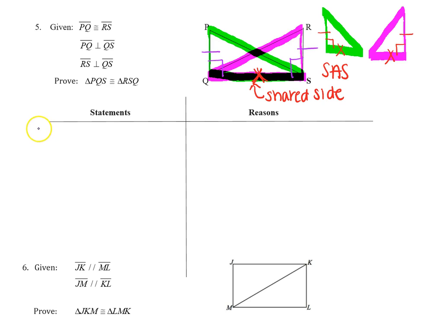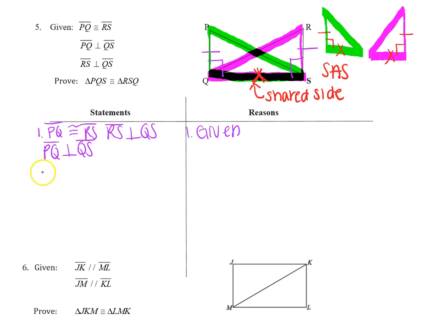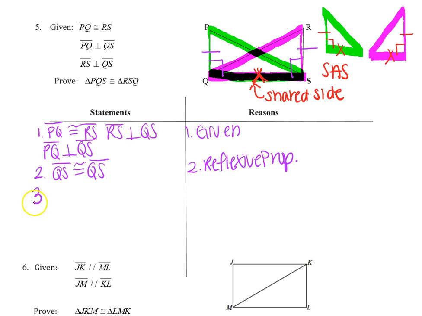Okay, so let's start with our givens. Okay, let's actually talk about that shared side right away. That was QS. And that's by reflexive property. Okay, I'm going to talk about these angles. Now, according to the original diagram, see how I have like lines going all over the place?